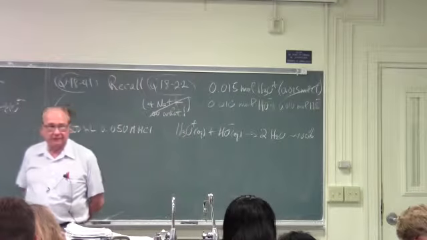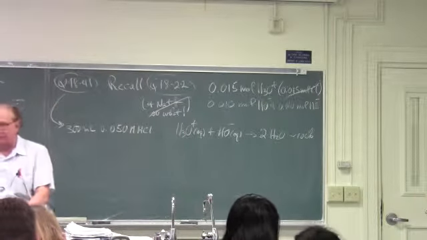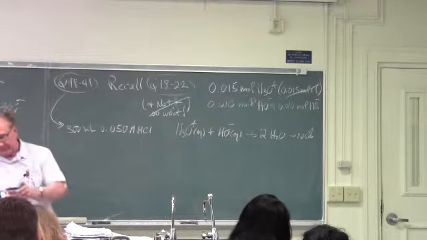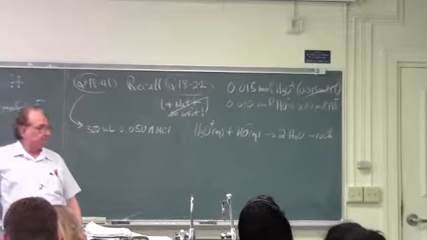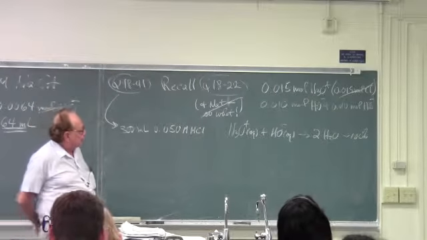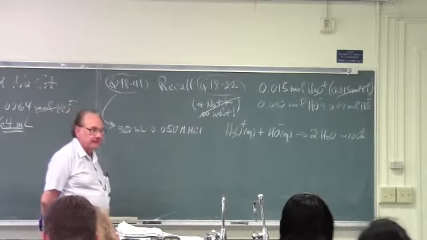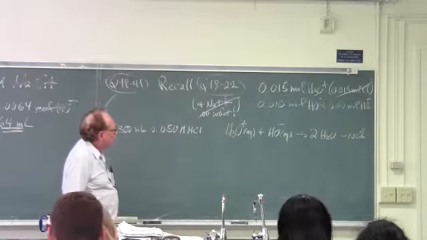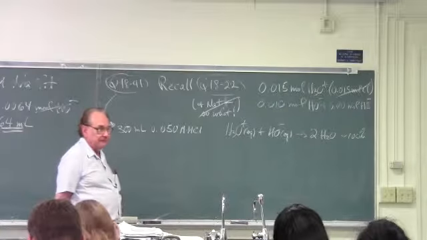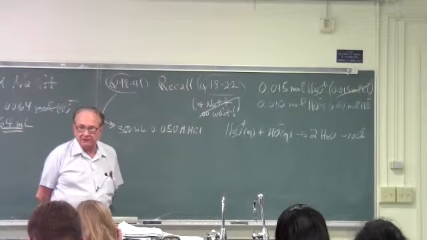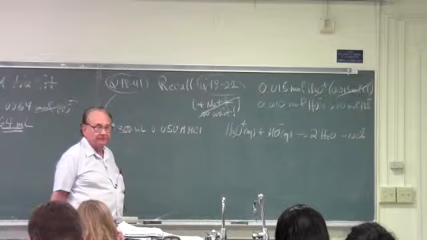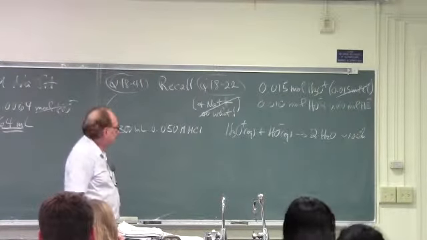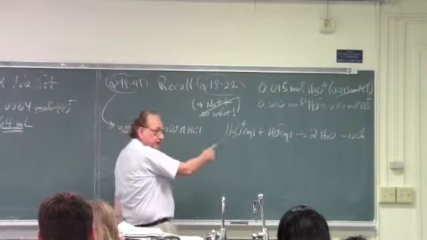Its K is 10 to the 14th. I think we can take that as 100%. By this reaction, how much hydroxide ion did we murder? 0.010 moles. And so, by this reaction, how much hydronium ion did we murder? 0.010 moles.